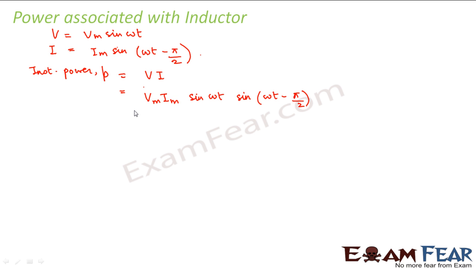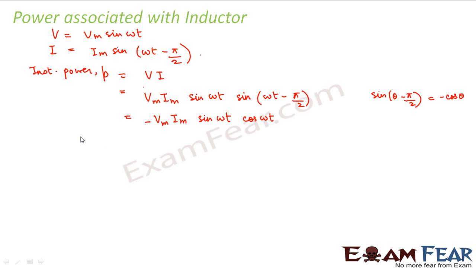So this we can write as Vm Im sine omega t into sine theta minus pi by 2. Sine theta minus pi by 2 is equal to minus cos theta. So this would be minus cos omega t.